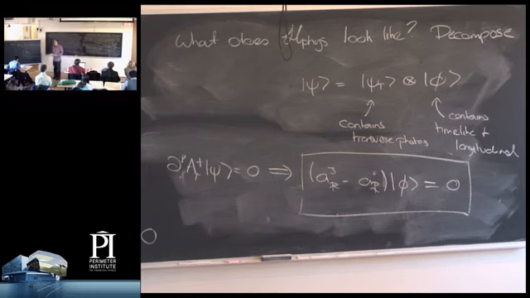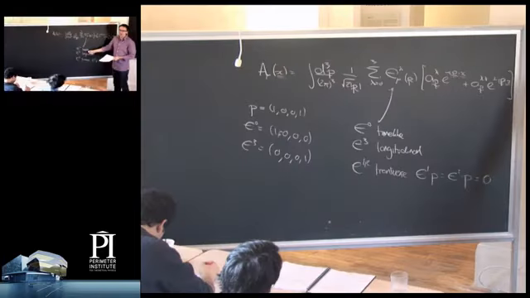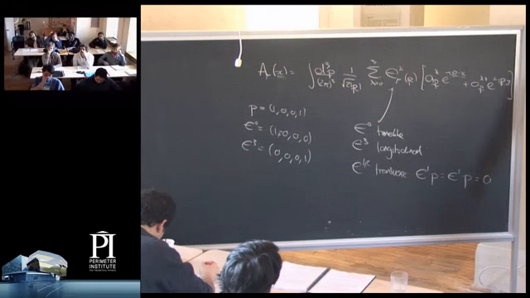For the time-like and the longitudinal. No, so somehow I've defined the polarization vectors in such a way so that they drop out, because it's also true that these are normalized.